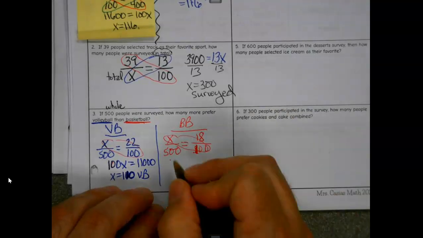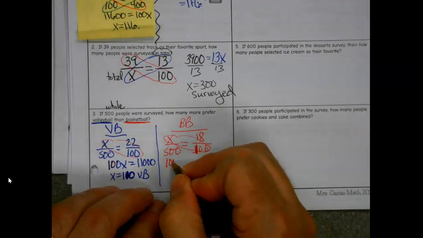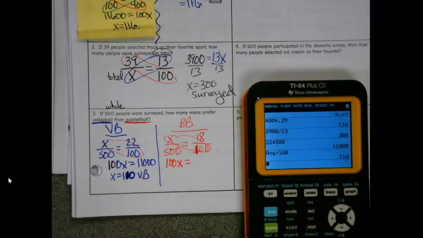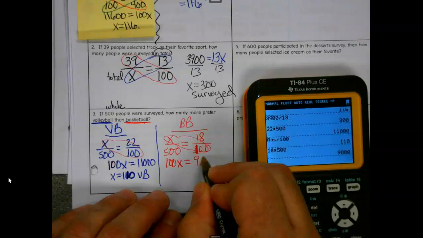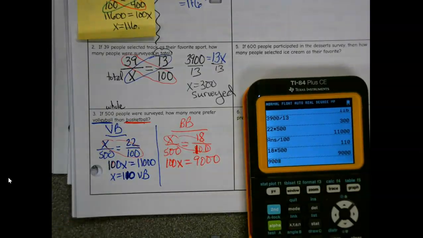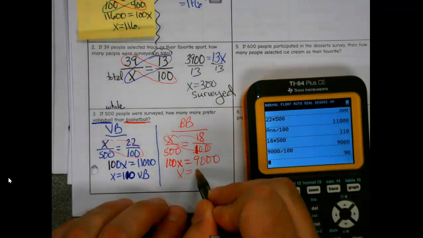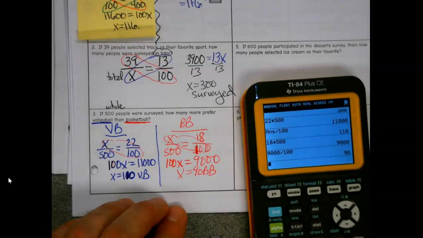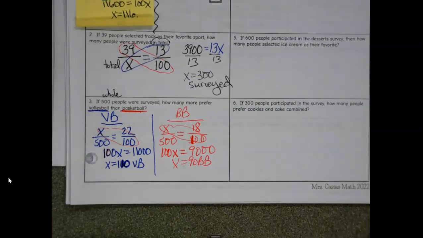As soon as I looked, I'm like, why are both of those 500? That's kind of bad. So let's see here. 18 times 500. It's good. You all stay on top of me. You need to. I'm telling you. So I find out we got 90 that are digging the basketball.